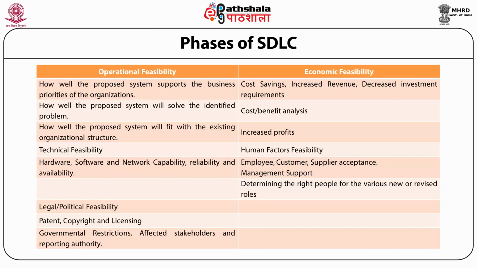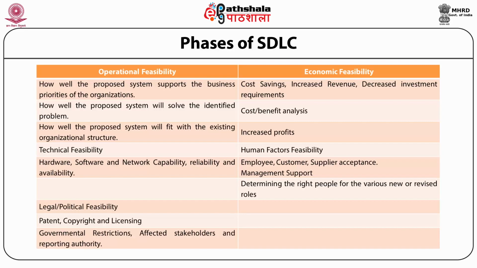Technical feasibility refers to the hardware, the software, and network capability, reliability, and availability. The legal or political feasibility in the context of the system development life cycle refers to patents, copyrights, and licensing.